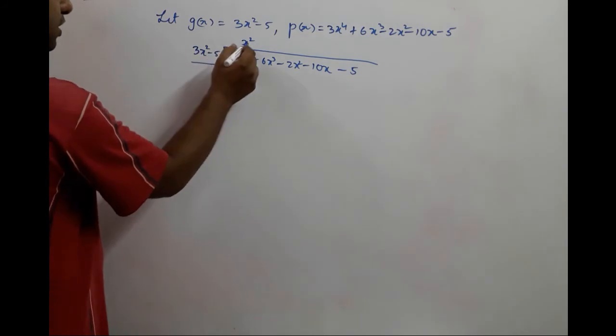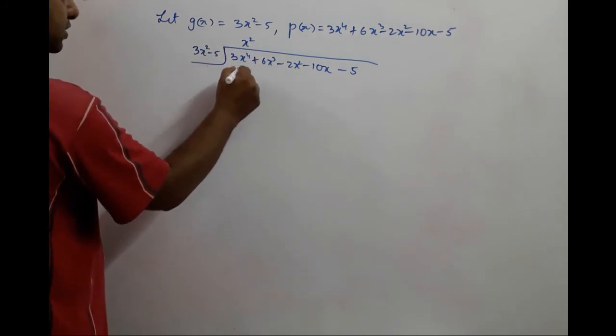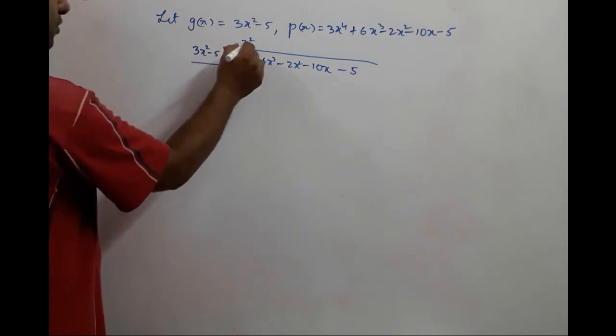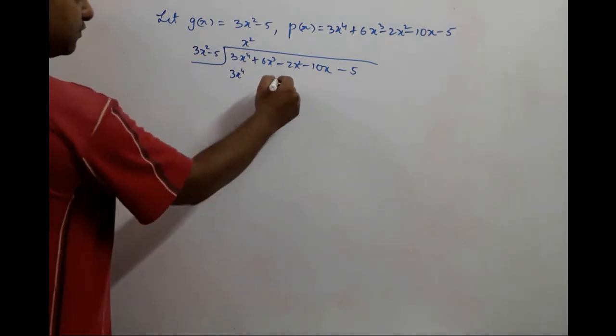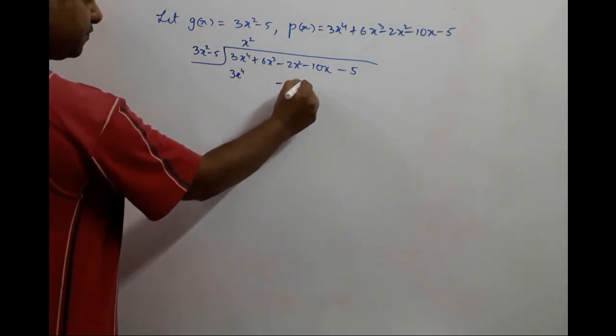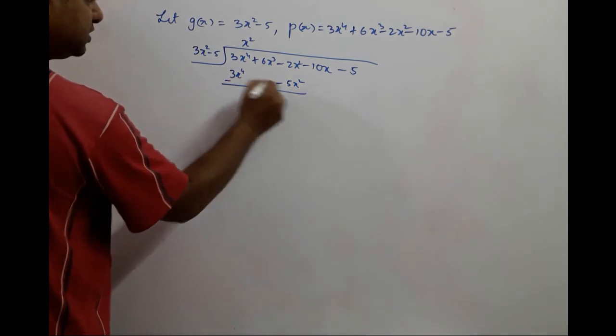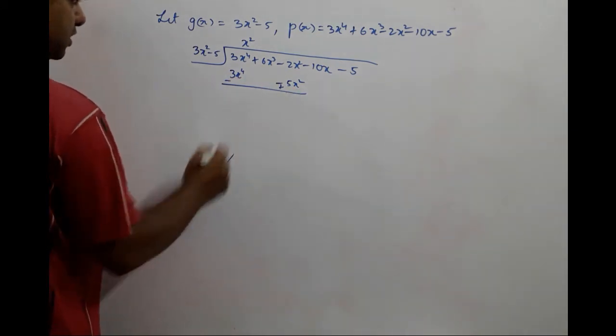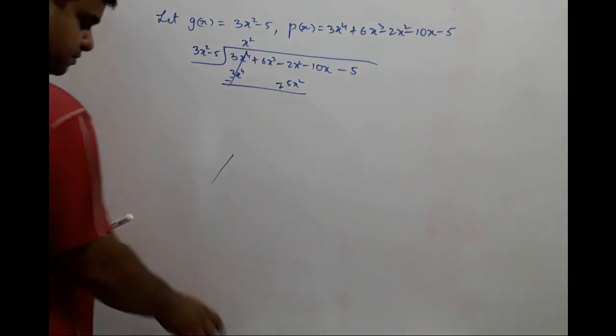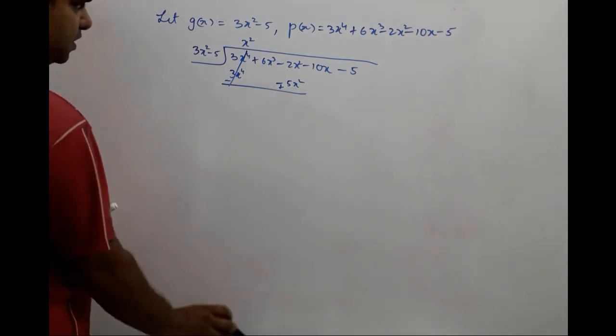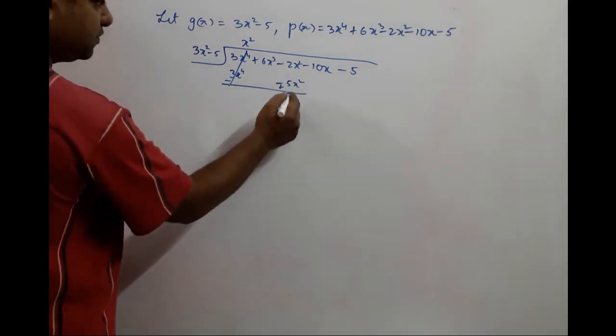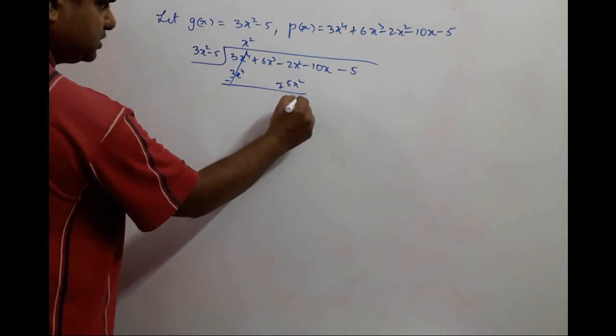So 3x square into x square gives us 3x raised to 4. Minus 5 into x square will give us minus 5x square, which comes here. Let us change signs all across and this will get cancelled. Minus 2 plus 5 gives us plus 3x square.